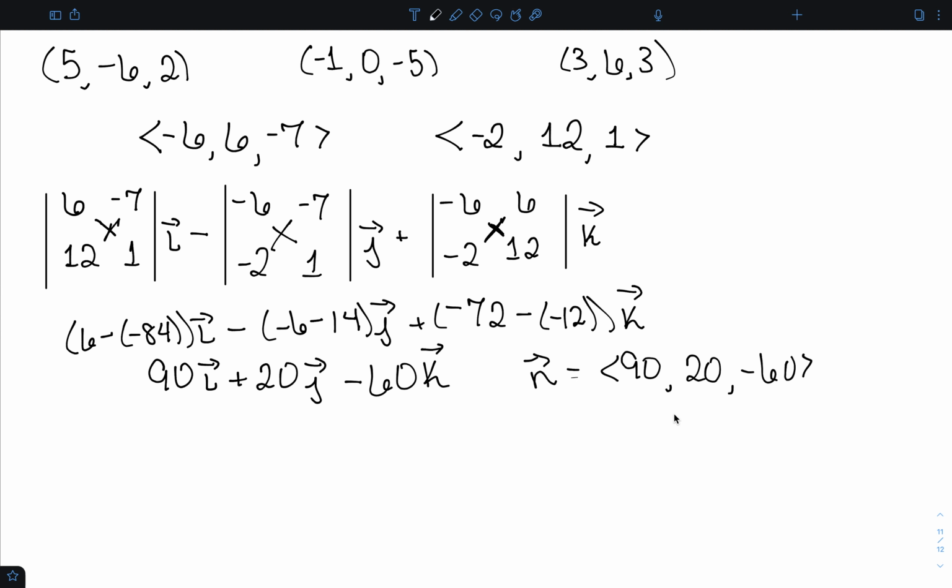Since the length of the orthogonal vector does not matter, only the direction matters, I'm going to divide by 10 to get the vector 9, 2, -6. This will still be orthogonal. I just shortened the vector to make it a little bit easier to work with.